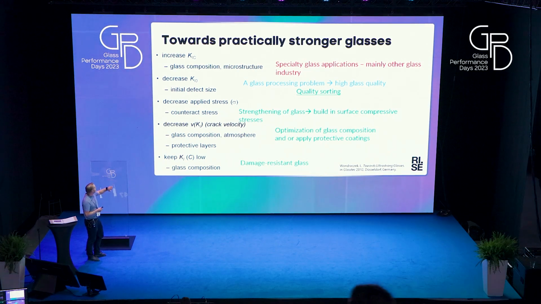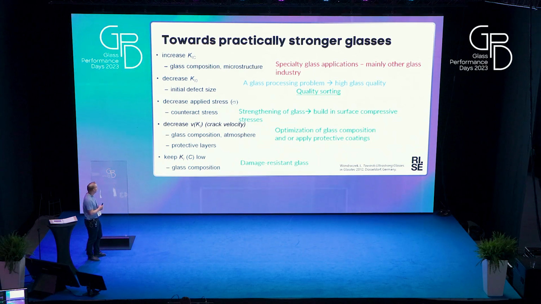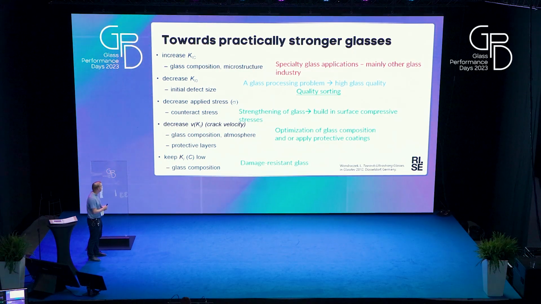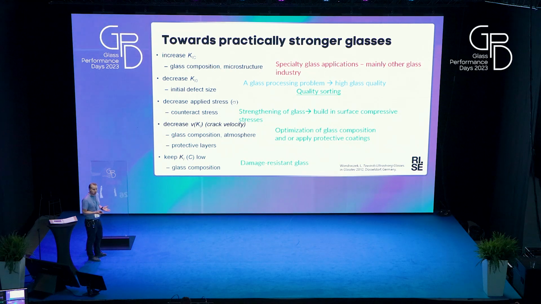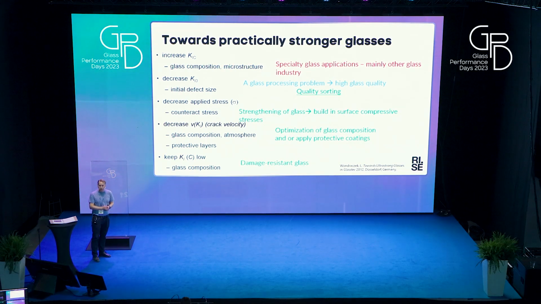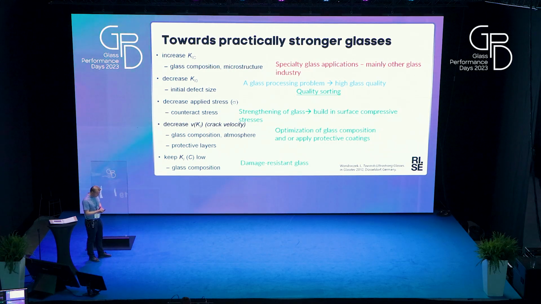Counteract stress, that's strengthening of glass, building surface compressive stresses. Decreasing crack velocity, then we can optimize the glass composition or apply protective coatings. And then keep K1 low. That would be damage-resistant glass. And that's what they have been doing a lot in the specialty glass industry for mobile phones and so on.